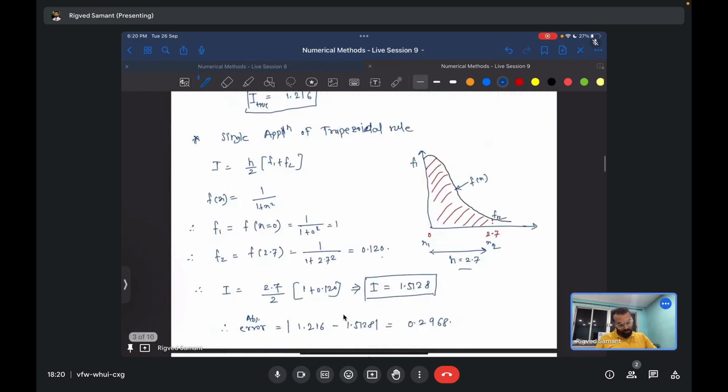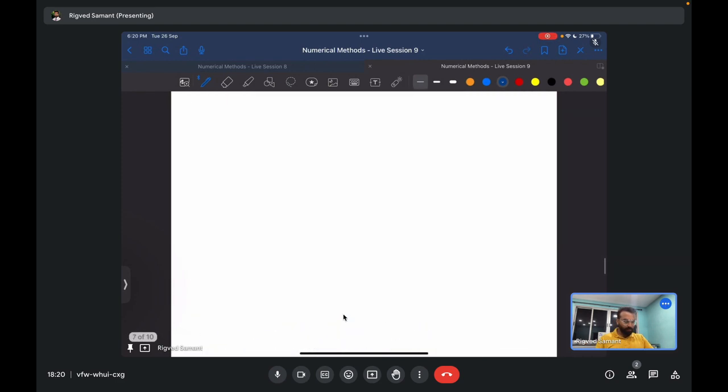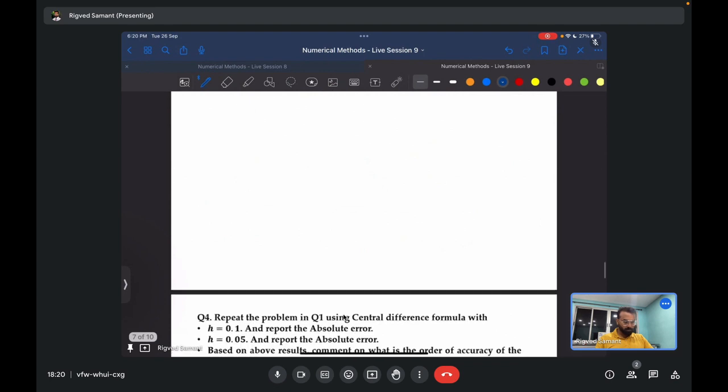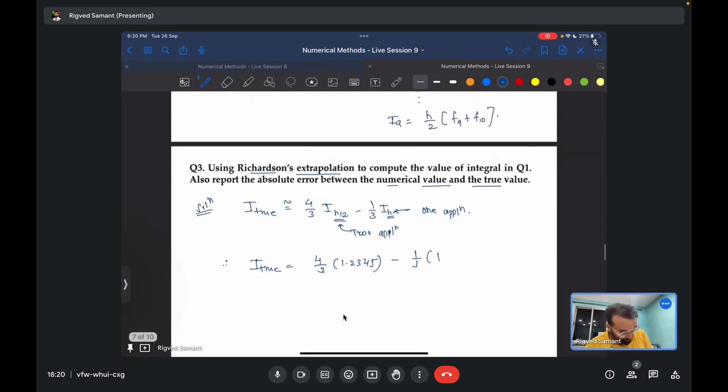So for 1 application it is 1.5128. So therefore I true is 1.1417. So this is using Richardson extrapolation.